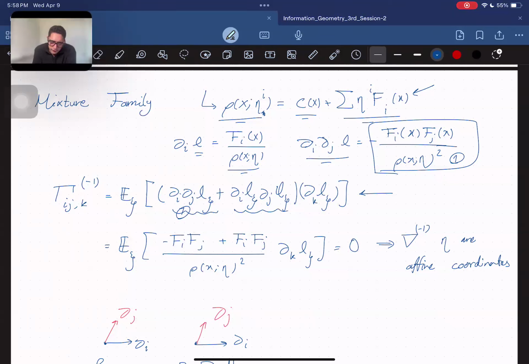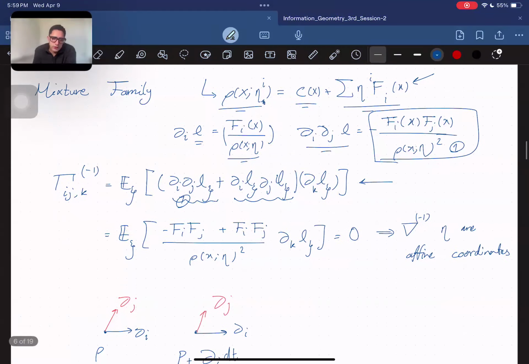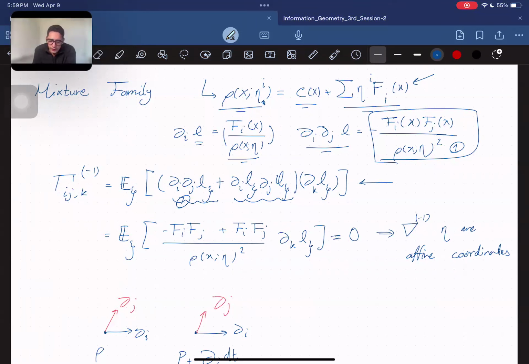And if you want to calculate this, it would be this times f_j to the same distribution. And this is the magic where these two cancel each other out. And hence we have another flat geodesic.